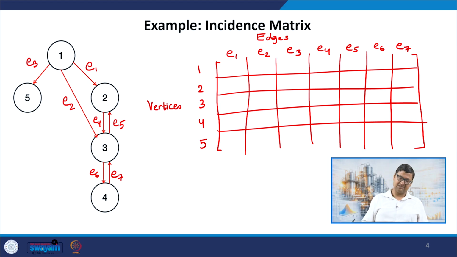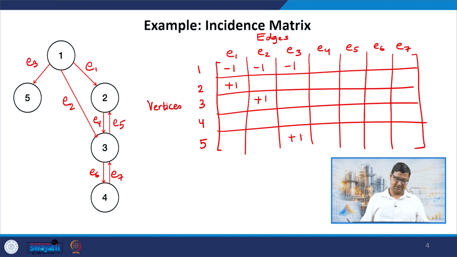So E1 is outgoing from 1, so it is -1, and E1 is incoming at 2, so I put a +1. E2 is outgoing from 1, so it is -1, and E2 is incoming at 3, so I put a +1. E3 is outgoing from 1 again and incoming at 5.